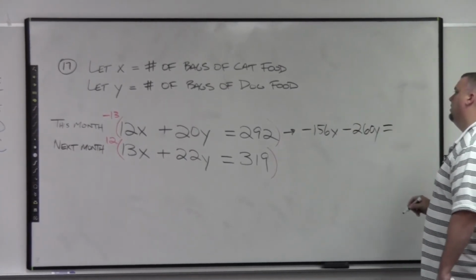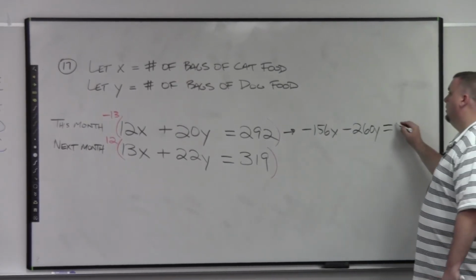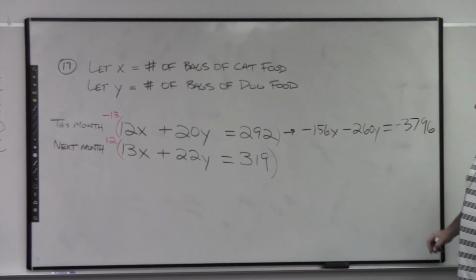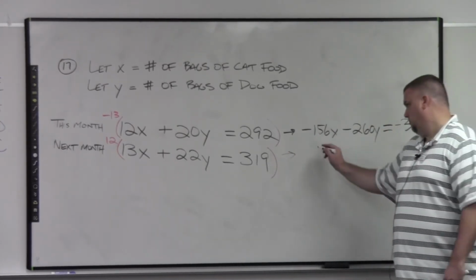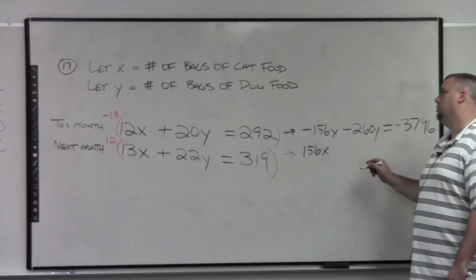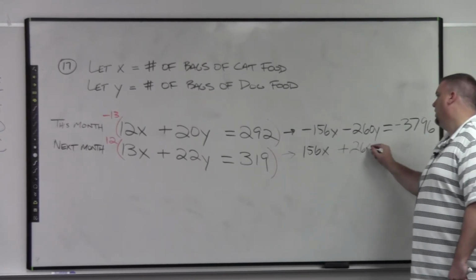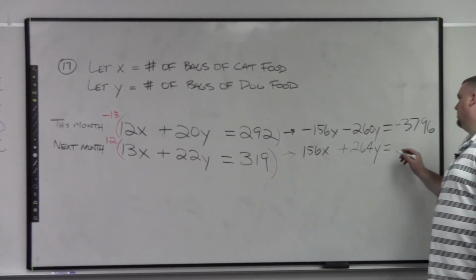minus 260y, and then negative 13 times 292, 3796, and that would be negative, right? Negative 3796, okay? And then you get a positive 156x. Okay, and that's good because we want our x's to eliminate. 12 times 22, positive 264y. And a positive 3828.